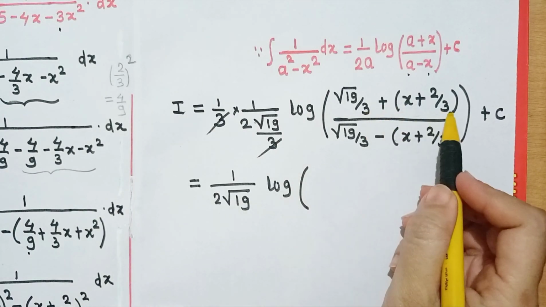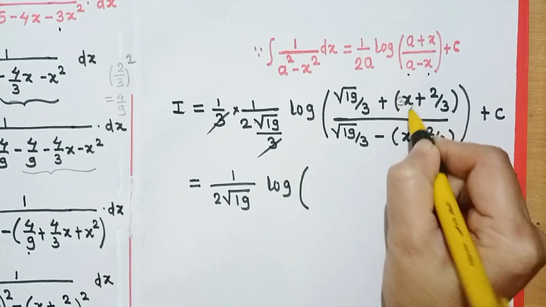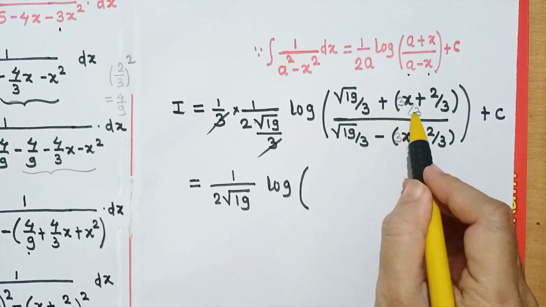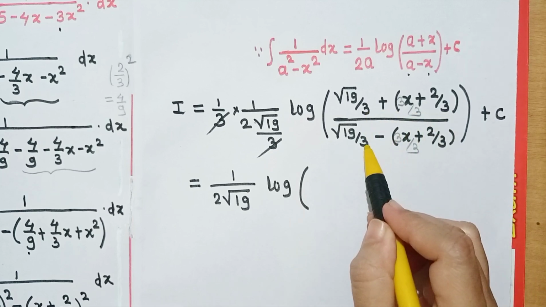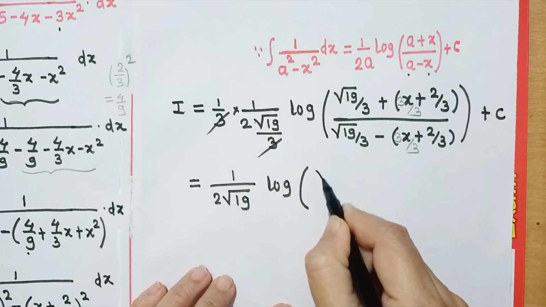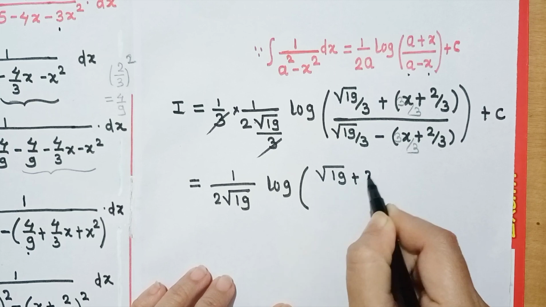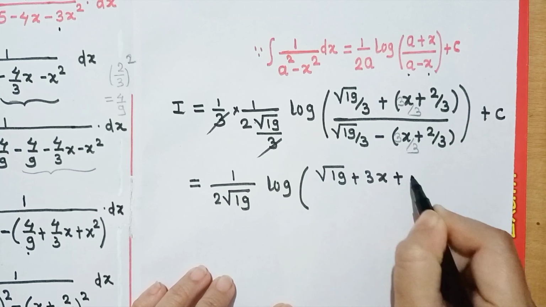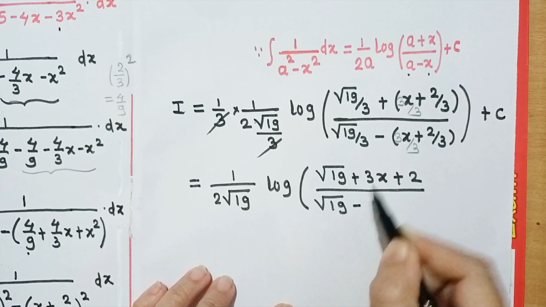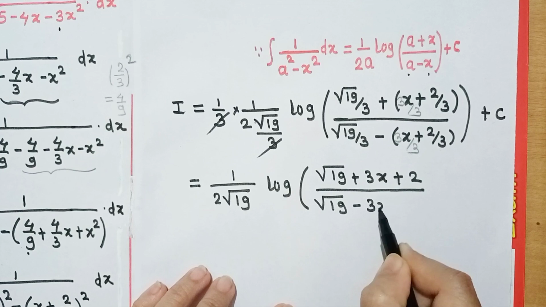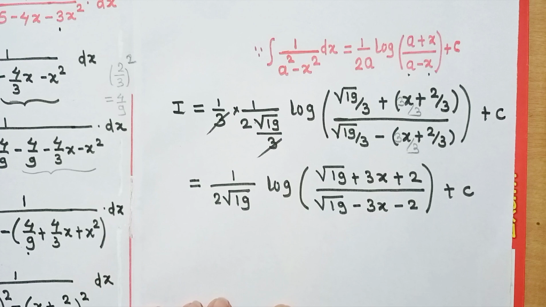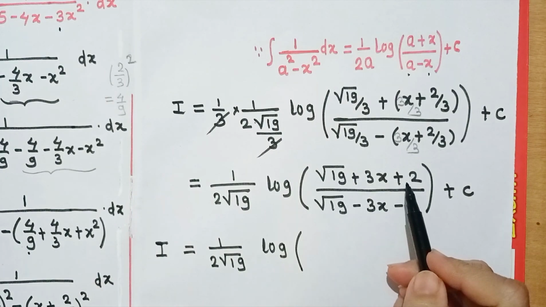Then check here, the denominator is 3, so we will multiply and divide by 3. Same we will do here also. Now this common denominator 3 will get cancelled with this common denominator 3, and so we will write root 19 plus 3x, and then this plus 2, and again in the denominator root 19 minus, solve the bracket, minus 3x minus 2 plus c, and again in the last step we will rearrange these terms.